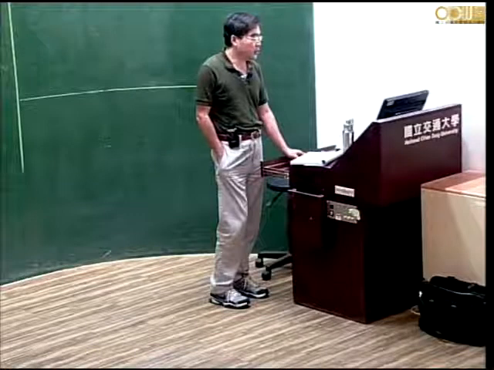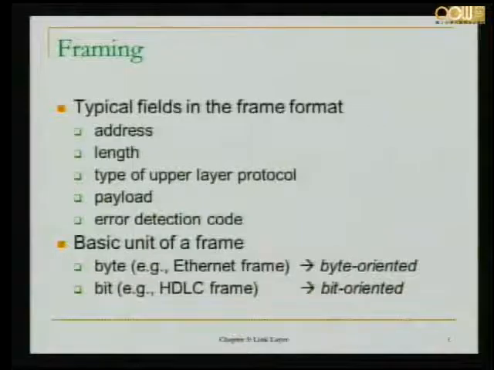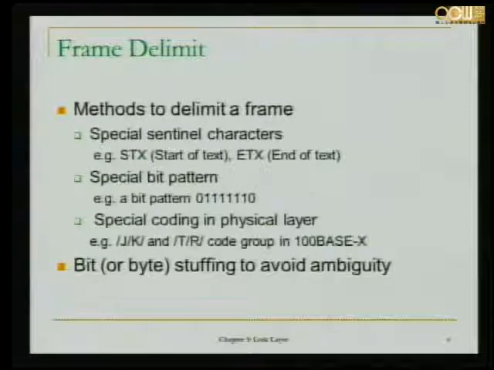The first thing, in addition to the fields that you need to contain within a frame, is that you need to signal the start and end of a frame. That's called frame delimiting, and it can be resolved in different ways. One is to put a special sentinel character, or a special bit pattern, or a special coding in the physical layer.